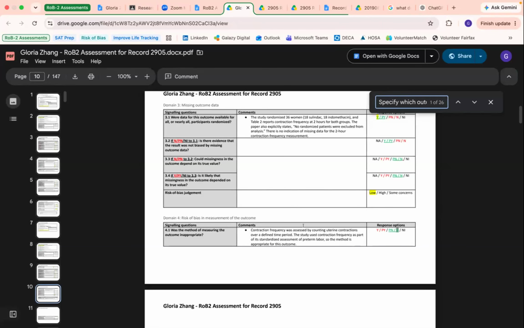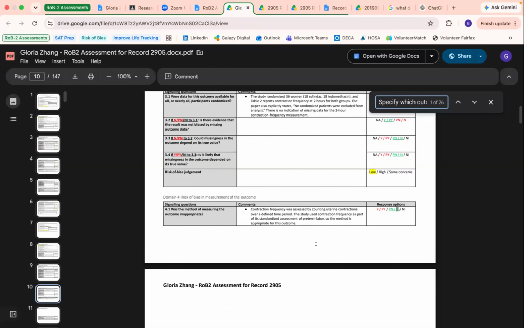Sorry, my internet kind of cut out. Do you think you can repeat that? Yeah, I think we put NI because there was not enough information in the method section to say how they were measuring it. Okay, yeah. I think I probably just assumed that it was counted normally, so I probably agree with NI.